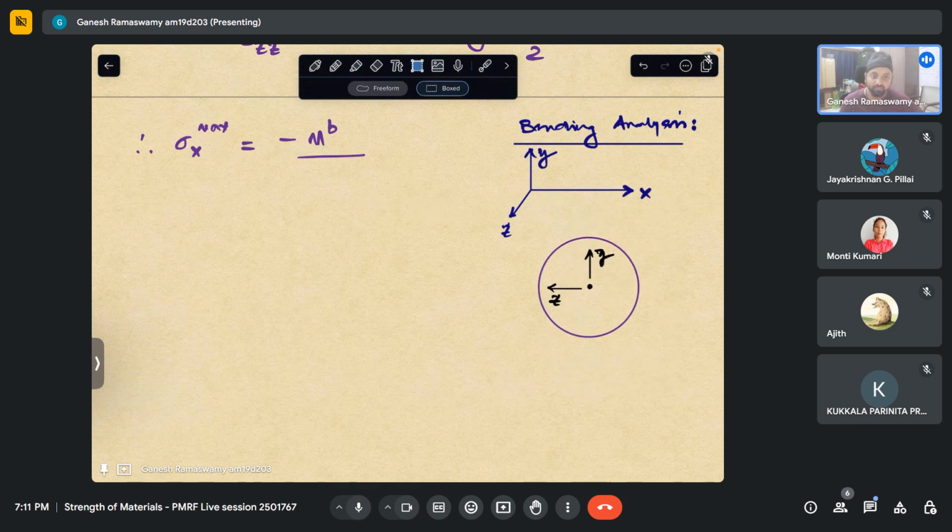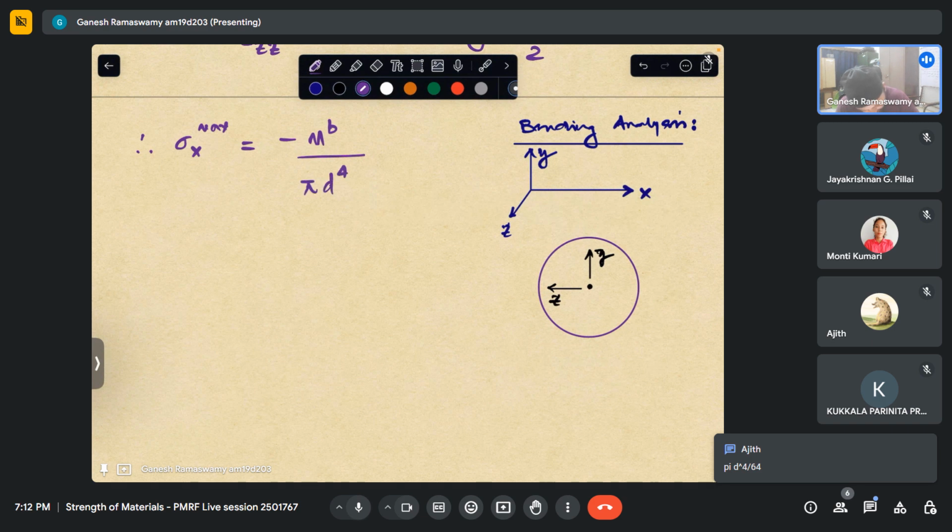So in this case, what is Izz? It is nothing but half of the polar moment of inertia of a circle, which is pi d power 4 by 64, exactly. So this is pi d power 4 by 64 into y max, which we saw is d by 2.